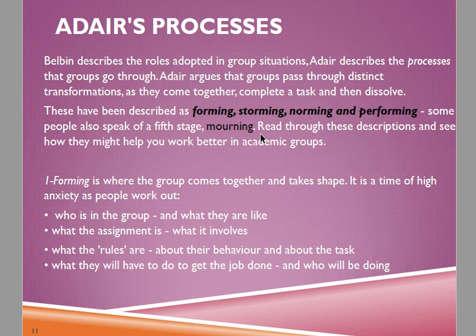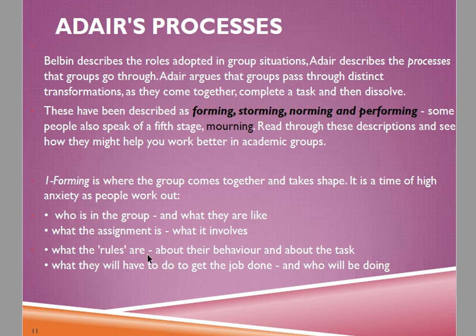So forming, the first thing when we have a group, we need to form it, how to deal with each other. So it's a time of high anxiety as people work out who is in the group. So you choose who is in the group, what the assignment is, and what are the rules or the behavior.